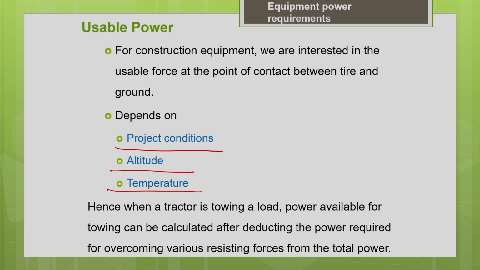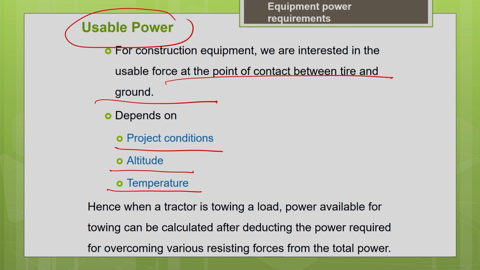So when your project conditions differ from those conditions, the usable power will obviously be different. But what we are interested in is mainly the usable power. So what is the usable force which can be realized at the point of contact between the tire and the ground? This is our major interest. So we need to estimate this usable power of the particular machine. We are going to see how to estimate it.